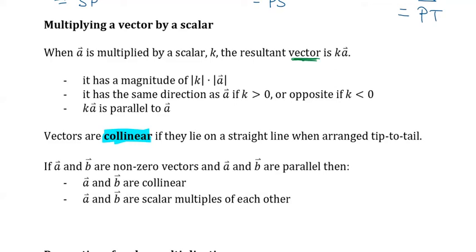So I'm just going to hand draw this one. There's A. There's B. So I could say B is, I think, about 2/3 of A, or A is 3/2 of B. So the scalar multiplier there turned out to be a fraction.